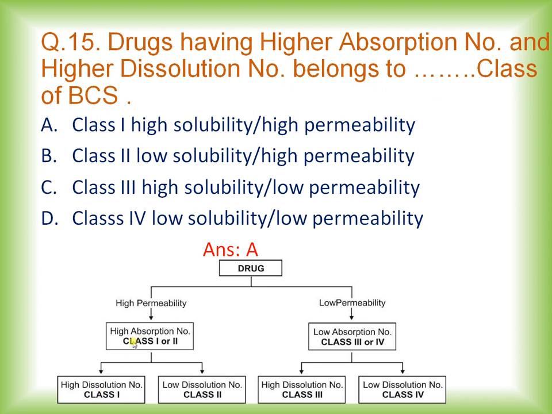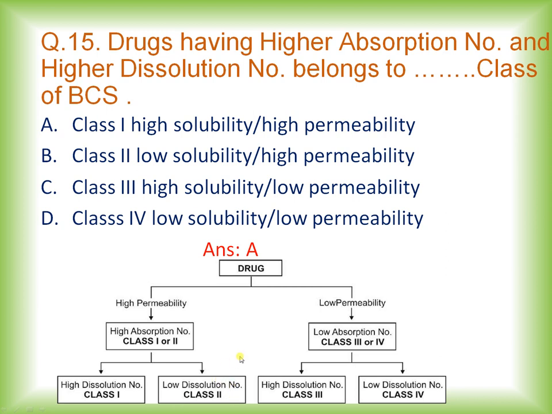So if a drug has a higher absorption number as well as a higher dissolution number, it belongs to class 1 under BCS. In the same way, if a drug has a higher absorption number but a lower dissolution number, it belongs to class 2 of BCS.